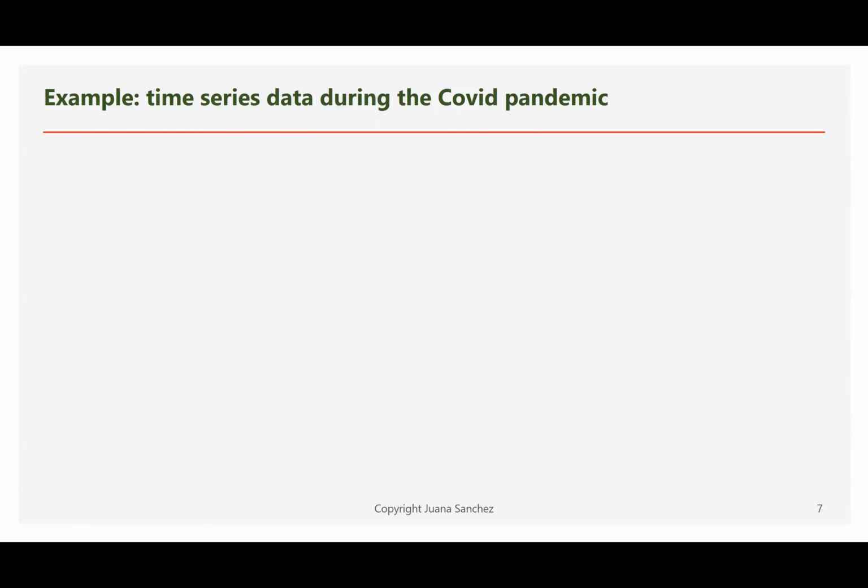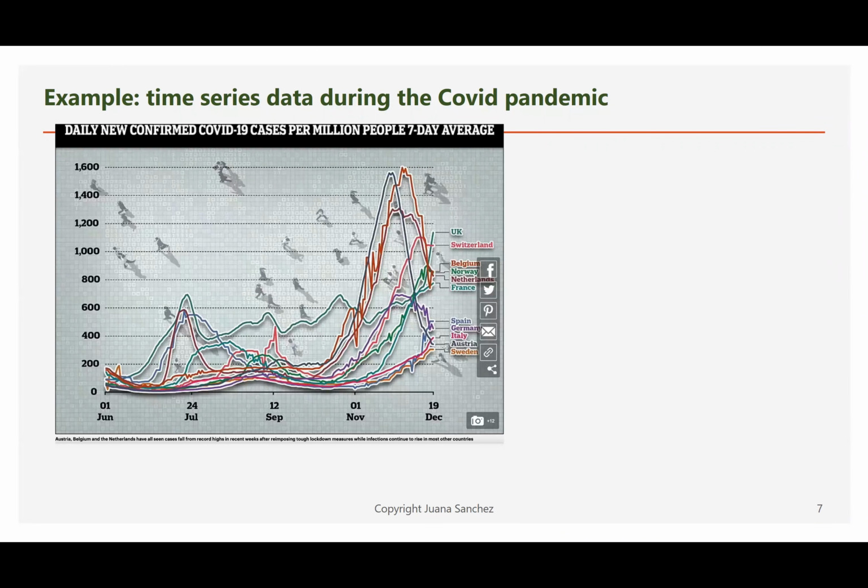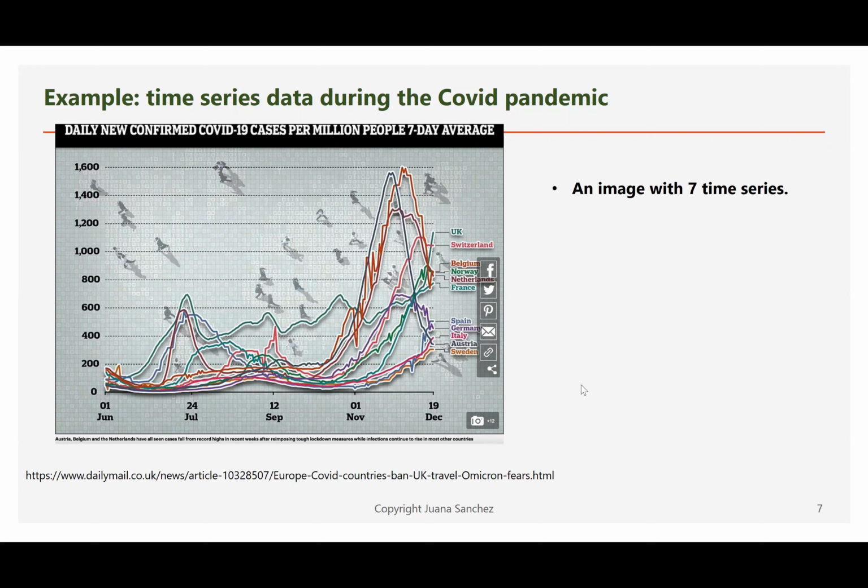Let's look at some examples. Time series, for example, during the COVID pandemic. This is a plot that has actually 11 time series displayed in it. Each time series represents the 7-day moving average or the average of the 7 days confirmed cases.